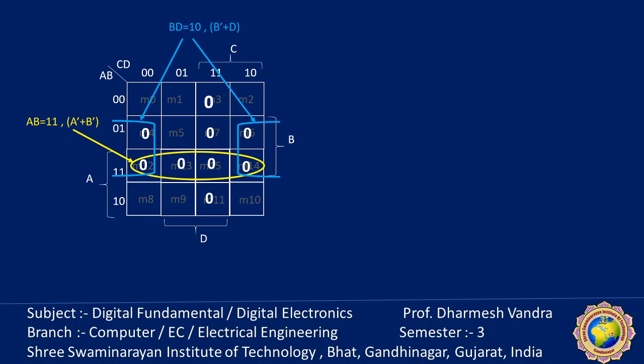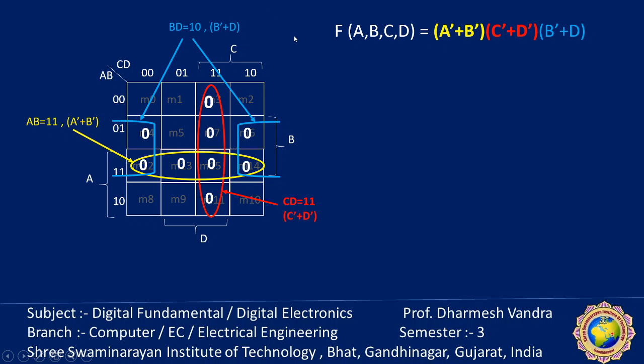The outer two green cells, where BD equals 1 0, give B dash plus D, and the red, where C and D are both equal to 1 1, becomes C dash plus D dash. So we can say that the function in product of sum is A dash plus B dash, C dash plus D dash, and B dash plus D. In this way we can also identify the duality.